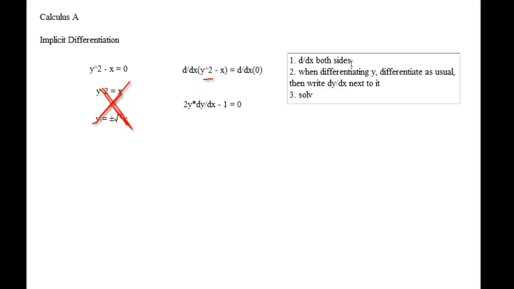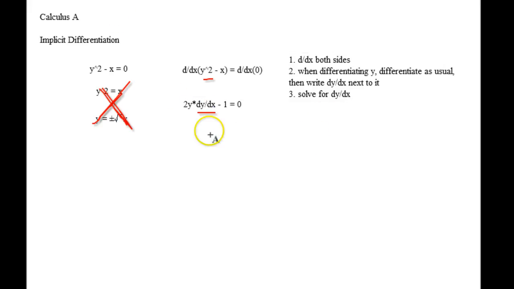Number 3 is solve for dy slash dx. Okay, so in other words, now here's our new variable to solve for. Okay, so we need to add the 1 over to the other side, so we have 2y times dy slash dx equals 1.